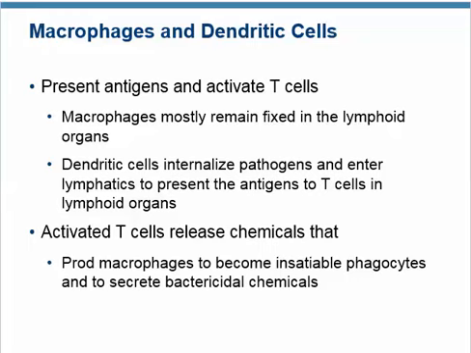So once the T cell gets activated by the macrophage that's eaten the antigen, then it releases chemicals that make macrophages more active. So it becomes a bit of a positive feedback on that. They support each other.